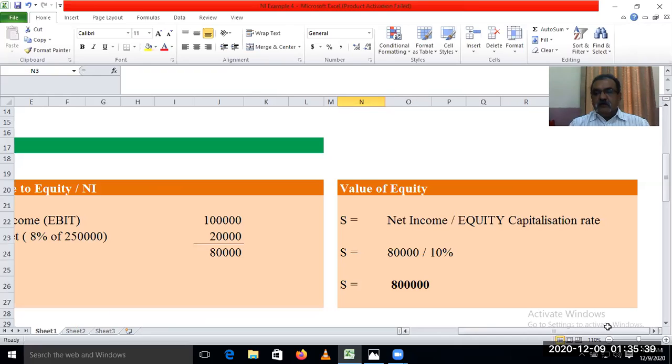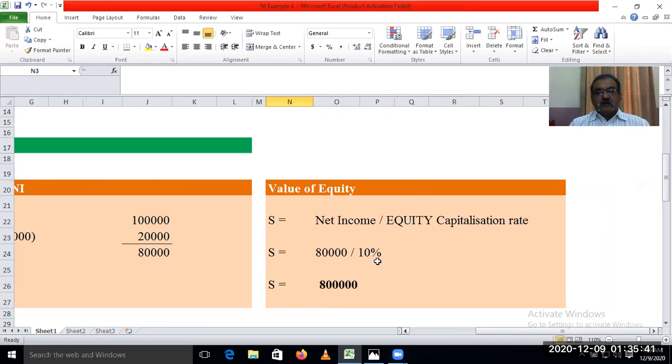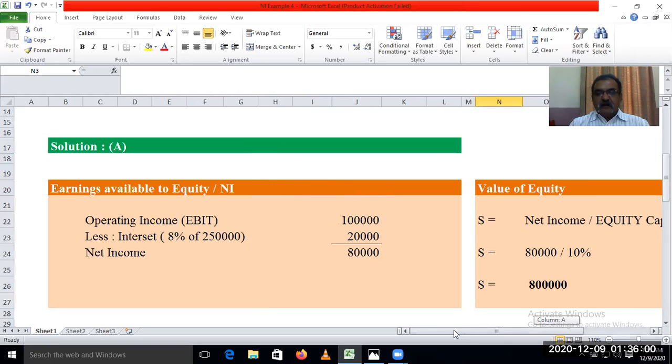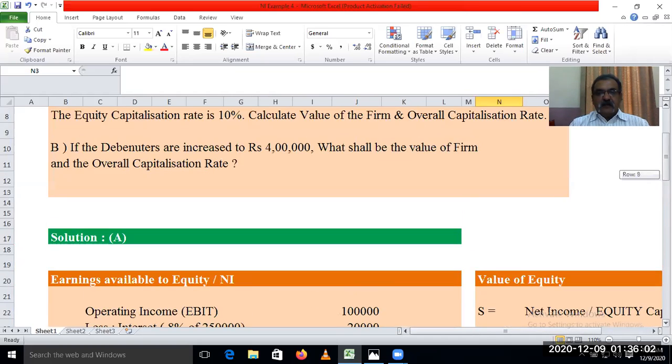So value of equity is equal to net income divided by equity capitalization rate. Just we calculated net income. Net income is rupees 80,000. So 80,000 divided by equity capitalization rate, which is given in the example.